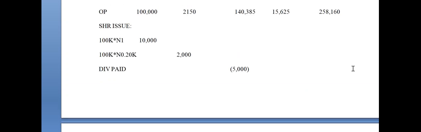Then I have closing balance. Please total all of these things. This 100,000 here, there's nothing there. So the total here will be what? 10,000. This one is 2,000.